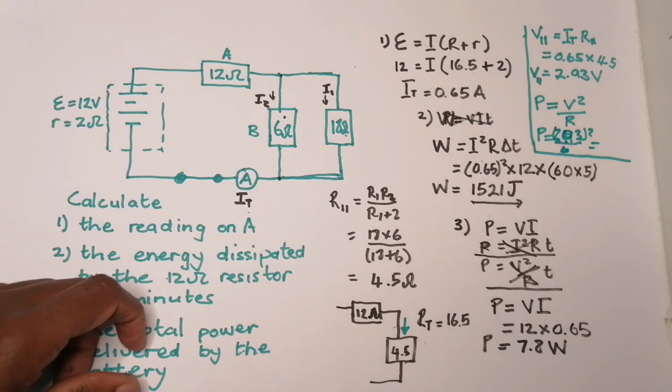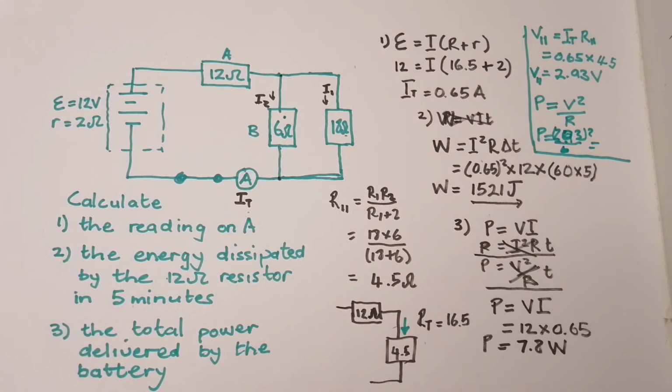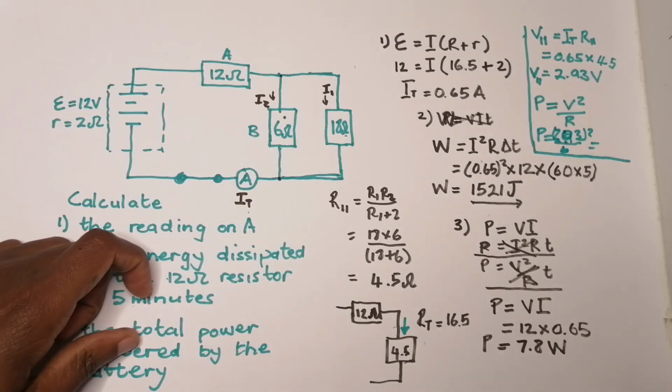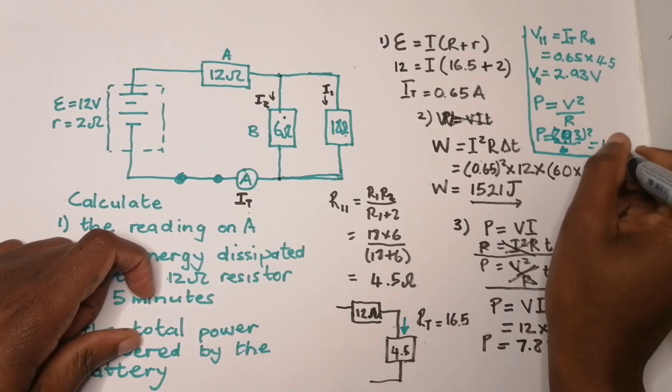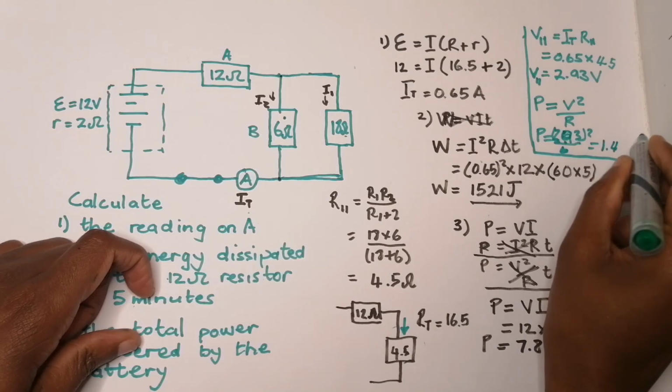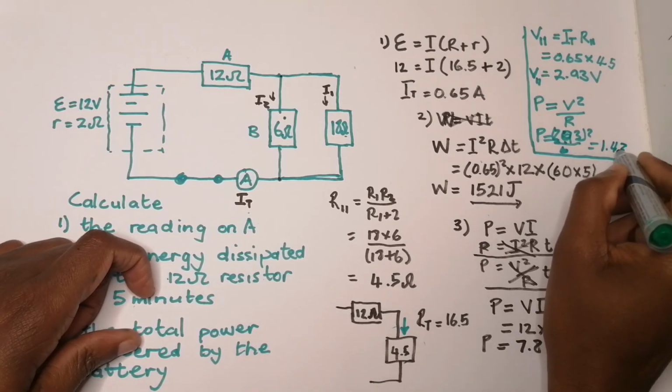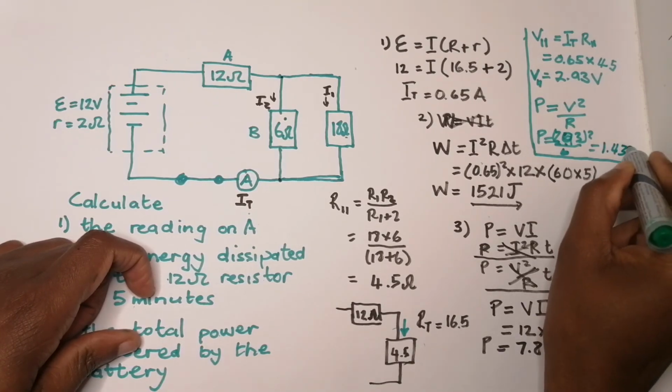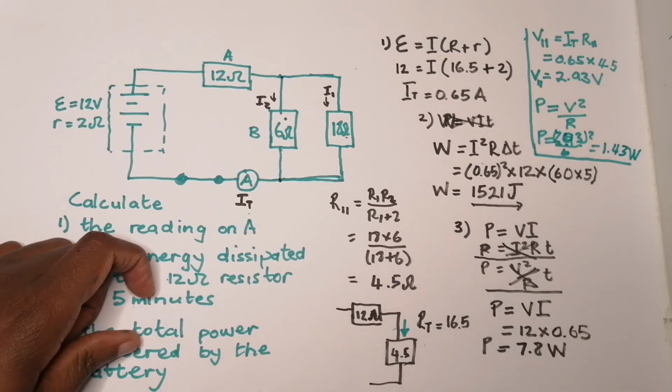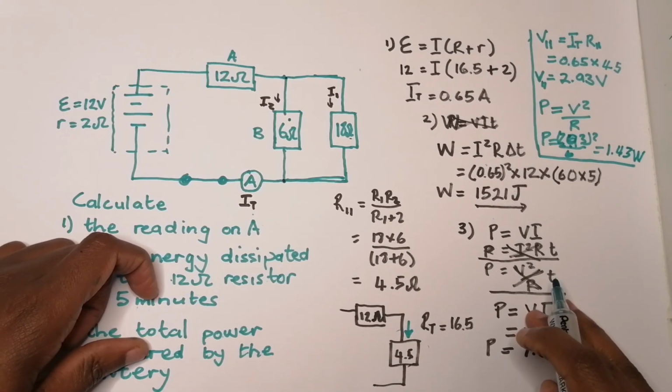Let me just square that value and divide that by 6, and you get a value of 1.43. And please remember that power is measured in watts. So that power there is measured in watts.